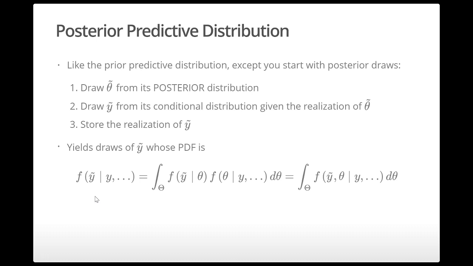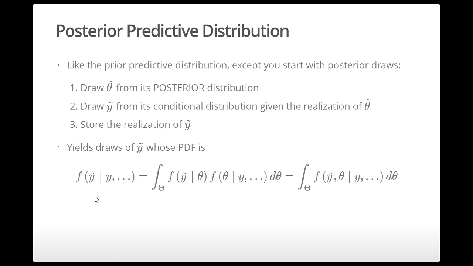And if you multiply those two together, you get a bivariate density between future data and the parameters theta that, if you integrate over the space of theta, yields a posterior predictive distribution for future observables conditional on past observables and whatever went into your prior.